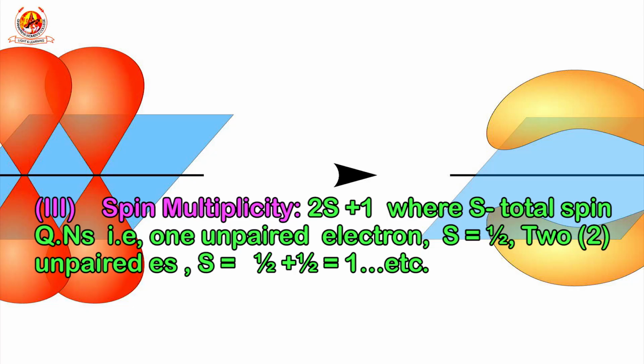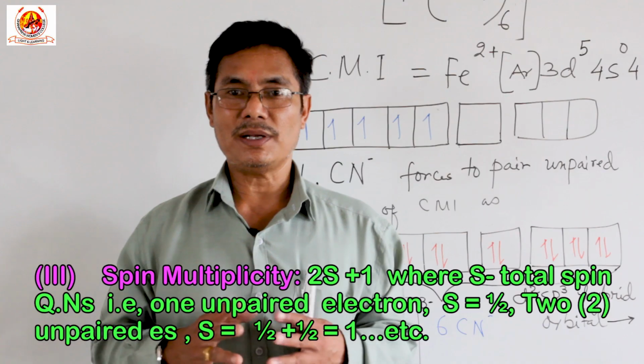The third property is what? Spin multiplicity. The relation of the spin multiplicity is 2S plus 1. I repeat, 2S plus 1. Here S represents the total spin quantum number. How can we calculate S? We can observe the number of unpaired electrons present.